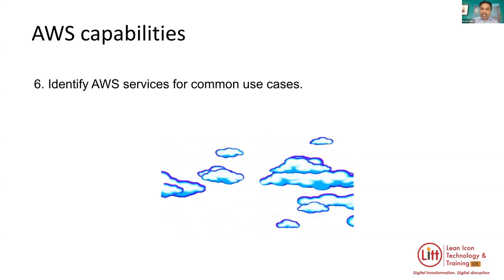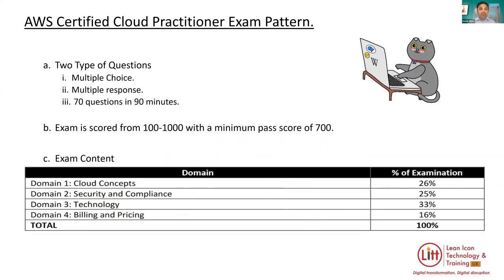Okay, so the next one is now we are going into the exam pattern. There are 2 types of questions you will get in the exam. The first one is multiple choice questions, and as I mentioned, some questions are scenario based and have multiple answers as well.